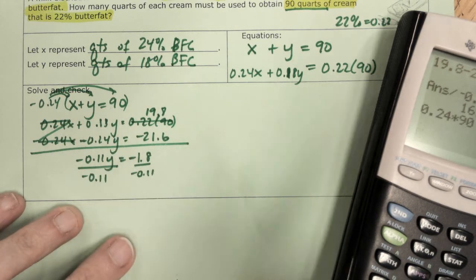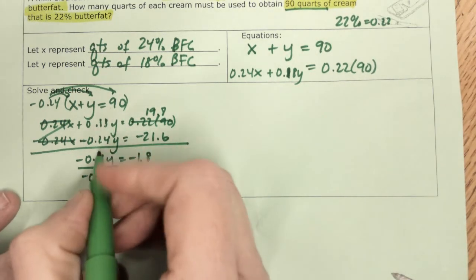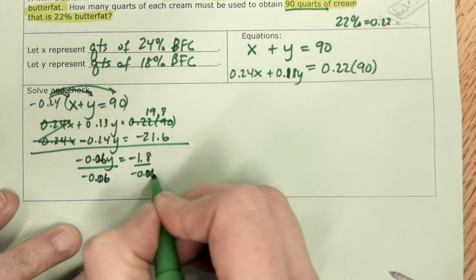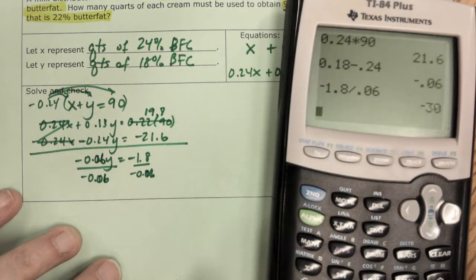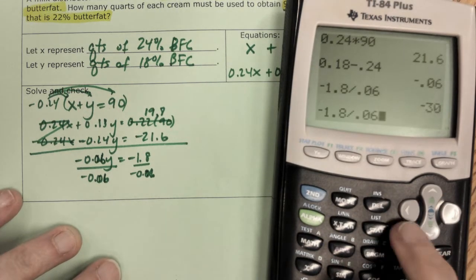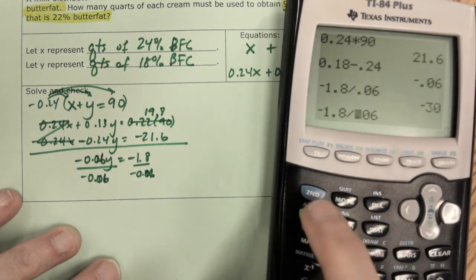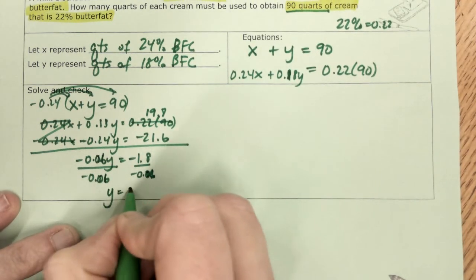Oh, I put the wrong thing here. I did 0.13 instead of 0.18, so this should be 0.06. So I'm going to divide by negative 0.06. See, sometimes you just have to find those mistakes. So negative 1.8 divided by negative 0.06 is 30. Yay! y equals 30.